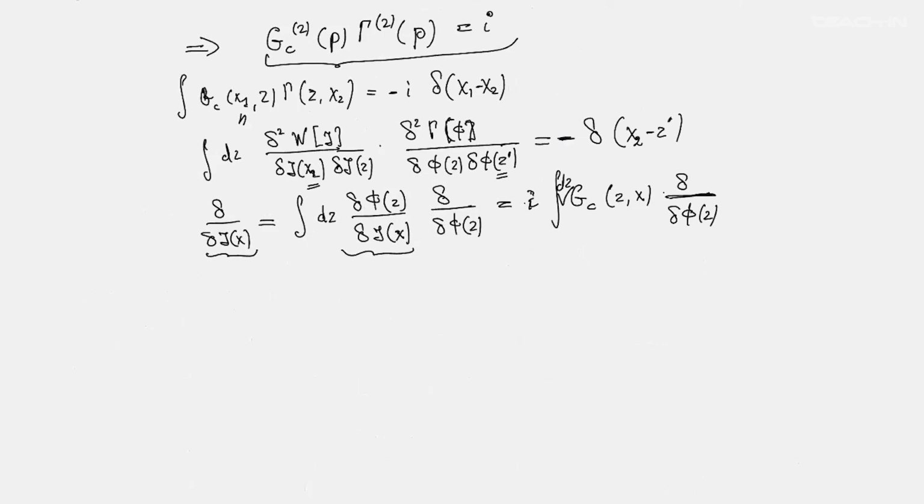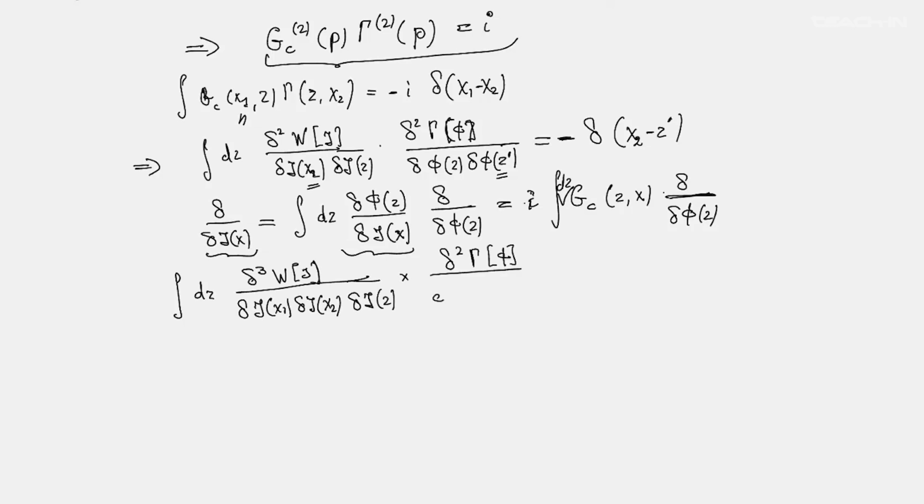So on the left-hand side, I will get the third variational derivative of W with respect to j x1, j x2, j z, times the second variational derivative of gamma, which is not changed.